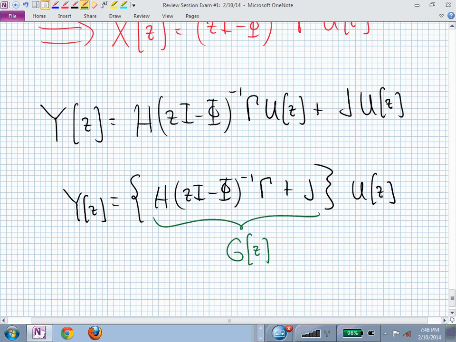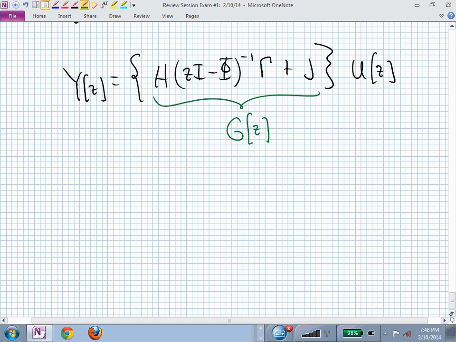And if we did that with our particular variables, h was 1, 0. zI minus phi, I have a z minus 1.4.